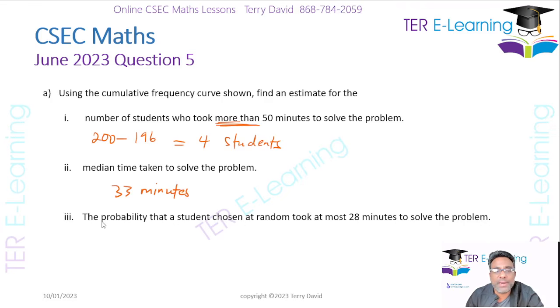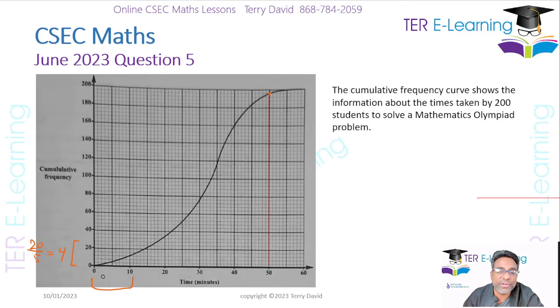And the last part: the probability that a student chosen at random took at most 28 minutes. When you see at most 28 minutes, that means you're looking at 28 minutes or less. So you're going to go to the graph and read off where 28 minutes is.